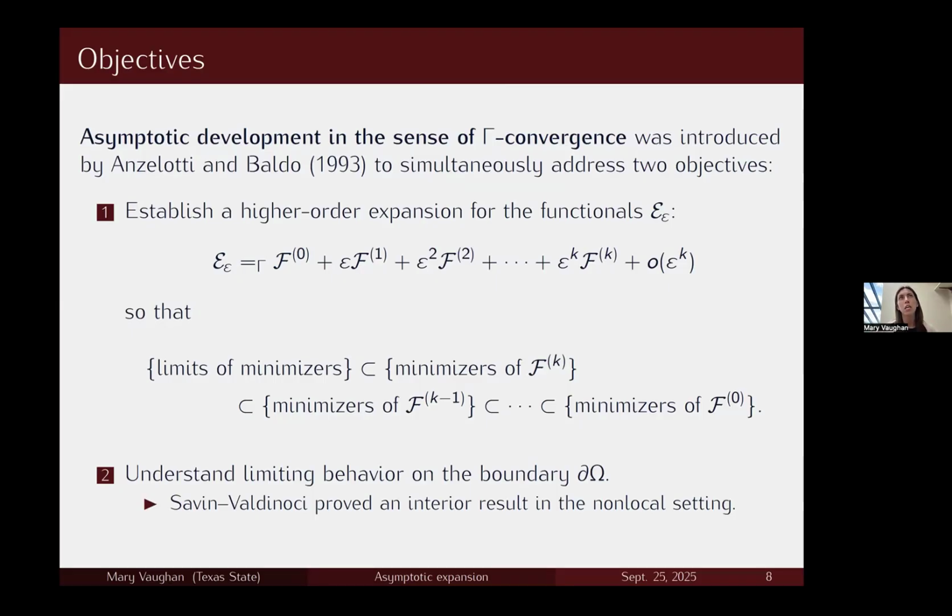And this is a big part of what we have been looking at, because Savin and Baldacci's result for the non-local, and also Modica Mortola's for the classical problem, is an interior result, in that they don't say anything about what happens at the boundary. And some of the arguments happen in compact subsets of the domain. So they are interior, and we want to understand, if I fix boundary conditions, what can I say about the limiting functional?